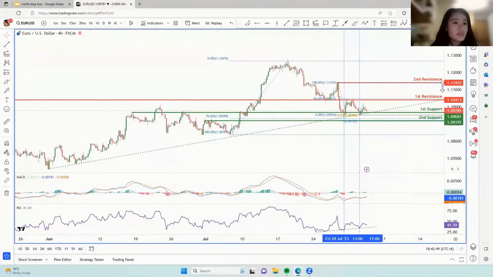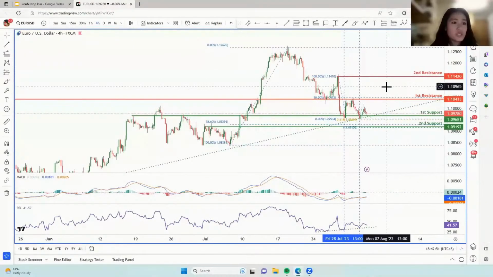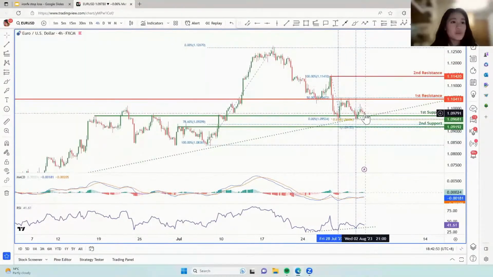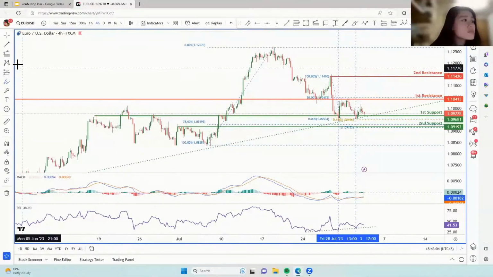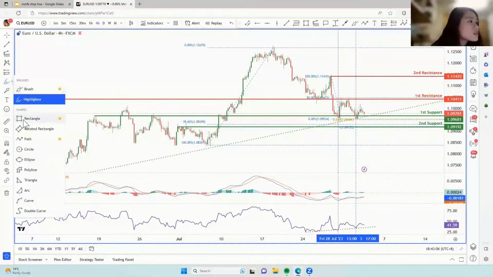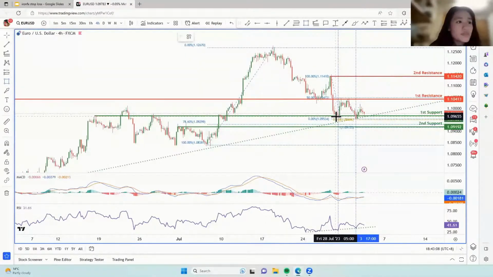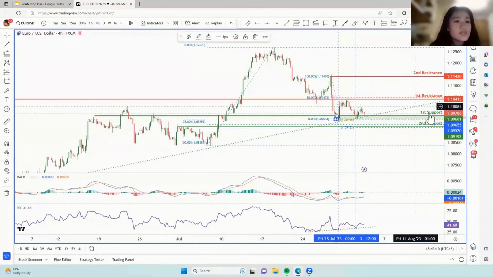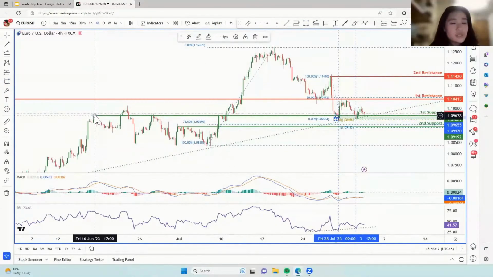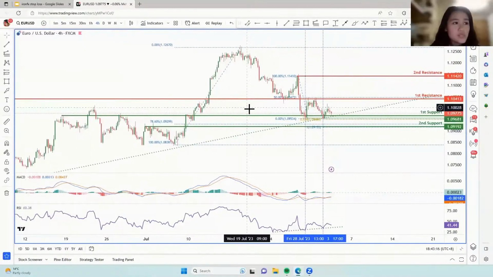So you can see that we have quite a lot of bullish pressure here. So we can expect price, let me just highlight this area as well. Okay, here. So my first support I mentioned is a pretty significant level with all of the swing highs and swing lows and price testing it many times.